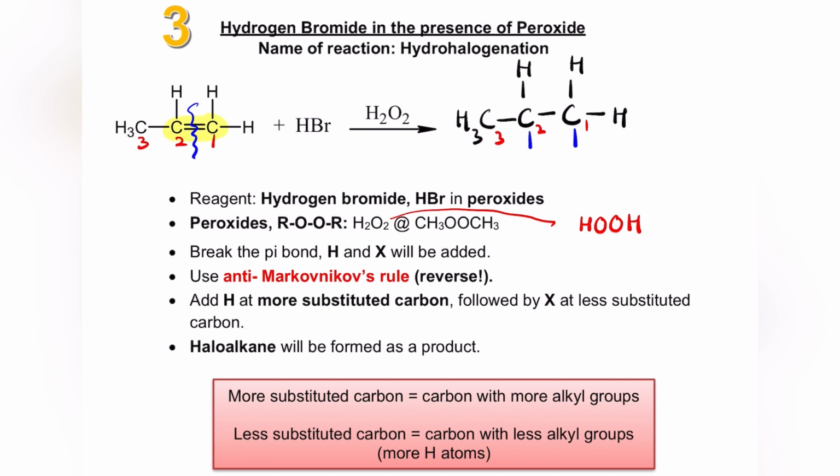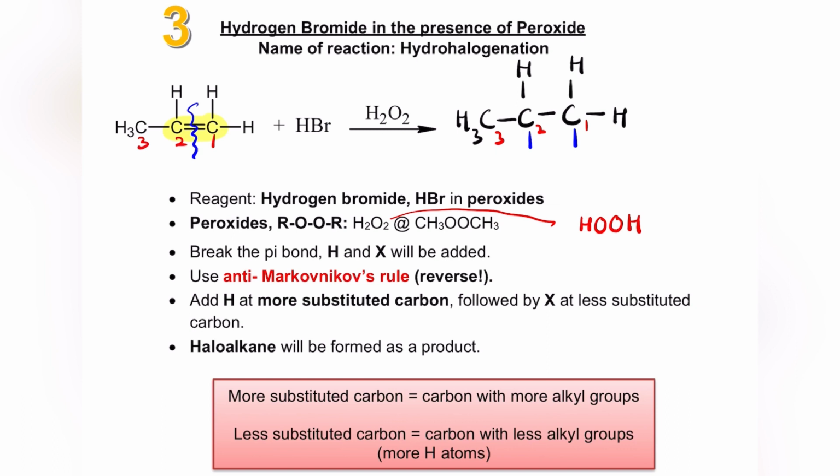And then, dekat sini, kerana presence of peroxide, peroxide akan menyebabkan reaction ini menggunakan anti-Markovnikov's rule. So, maknanya awak akan reverse. Kalau Markovnikov's rule, hydrogen akan pergi dekat carbon yang banyak hydrogen. Cuma sekarang, hydrogen akan pergi dekat tempat yang carbon kurang hydrogen.